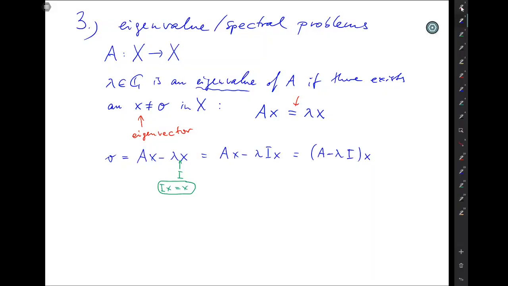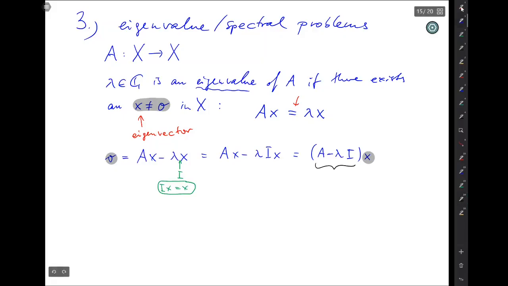This matrix here has the property that it turns a non-zero vector x into 0.